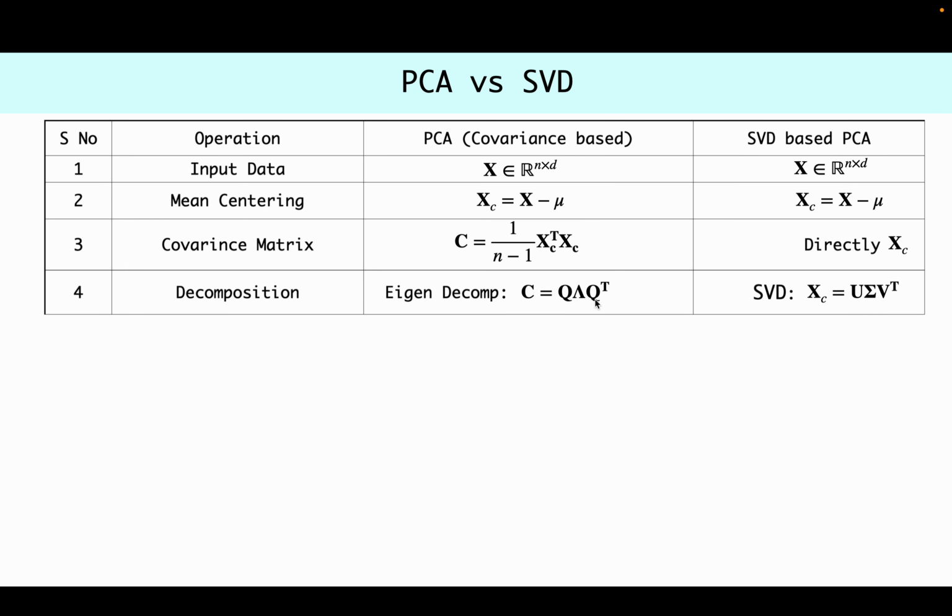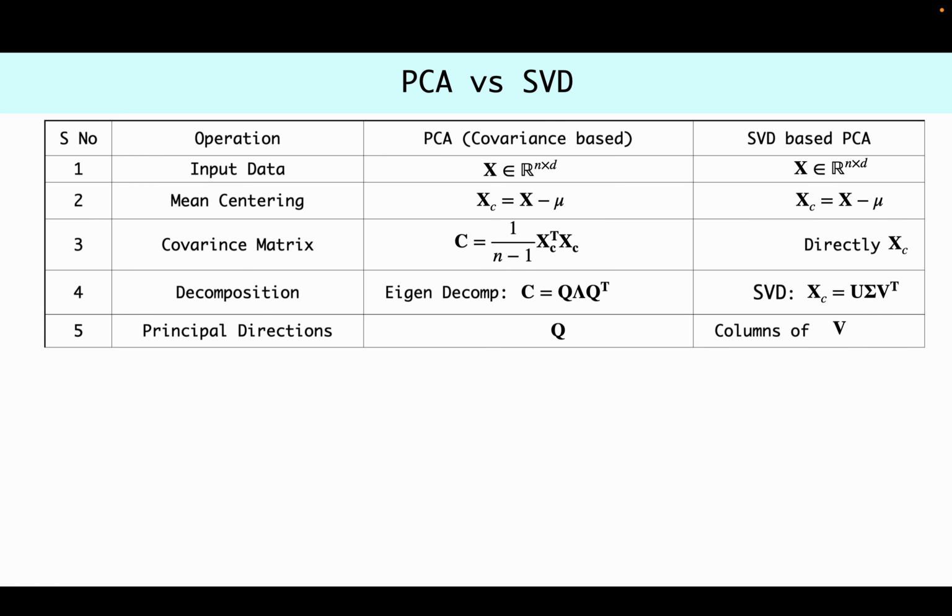If you observe, the Q matrix is nothing but the eigenvectors of the covariance matrix C, which is XC transpose XC. In the same way, we know that V is constructed by computing the eigenvectors of XC transpose XC. So in a way, both are doing similar things, where we are utilizing the eigenvectors of the matrix XC transpose XC.